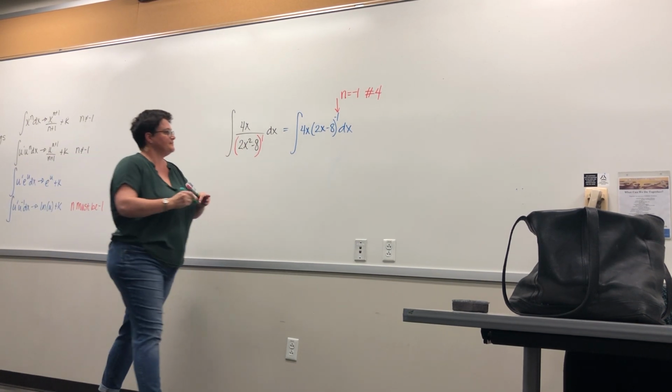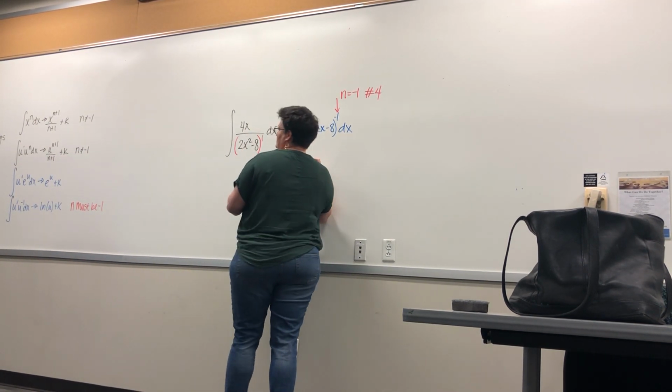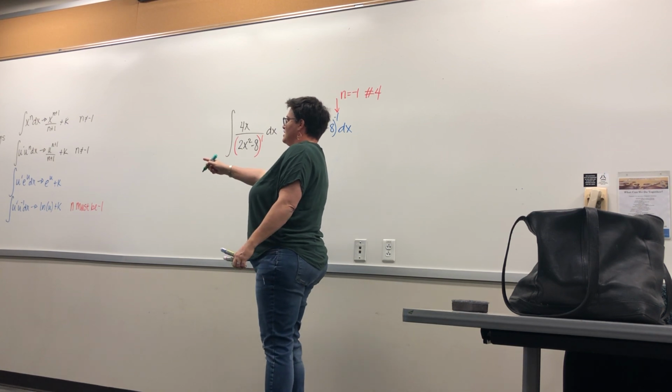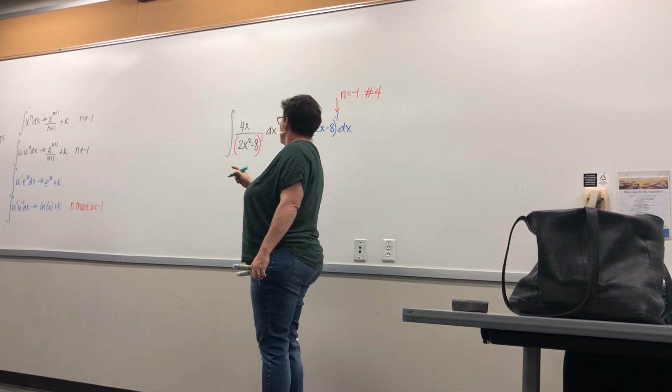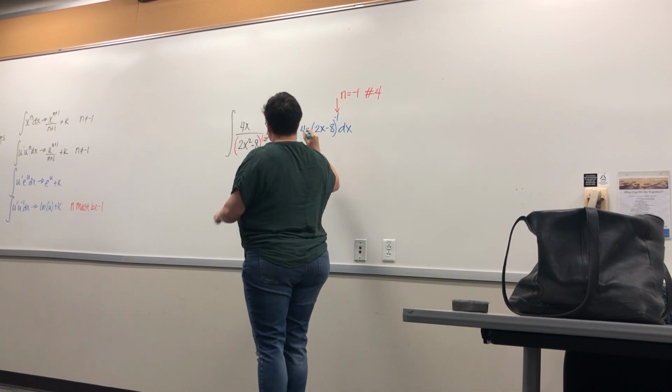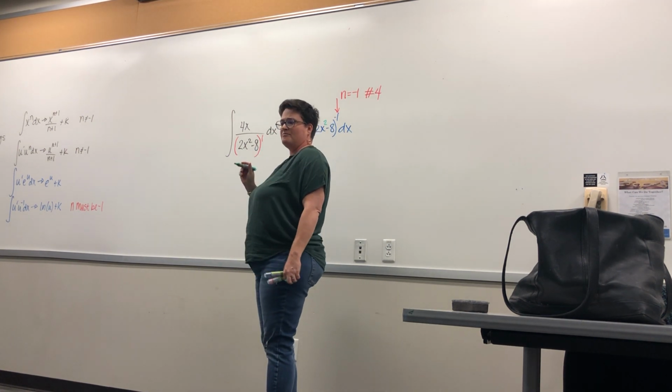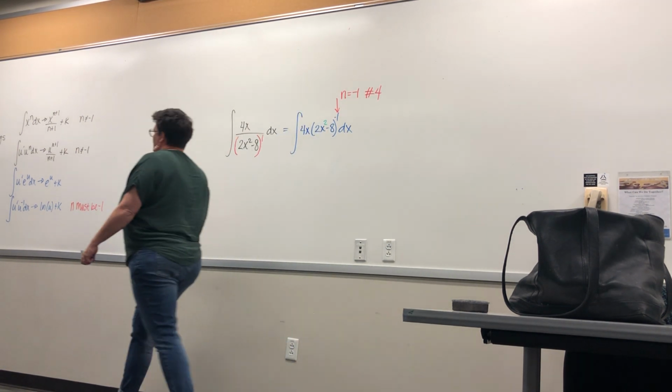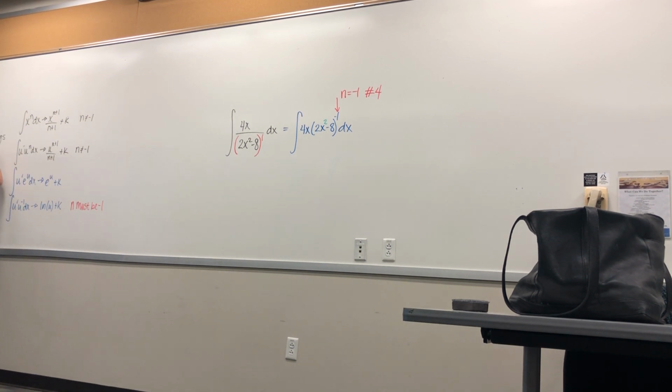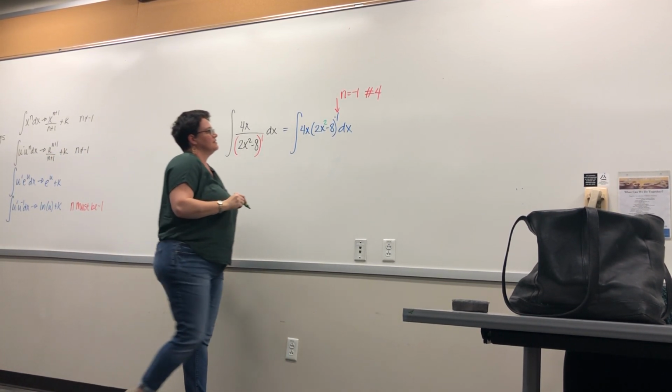So where's u? How do we know which one's u? I think that is 2x squared. Do you have 5 points yet, Haley? You're about to. Haley made that a square. Great.